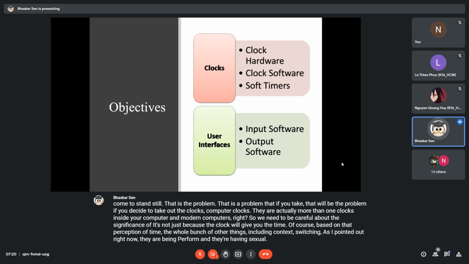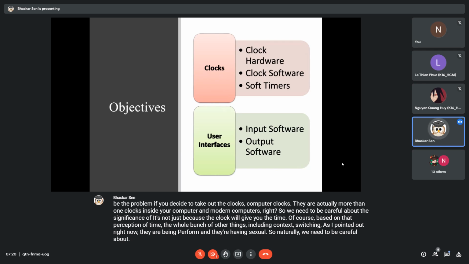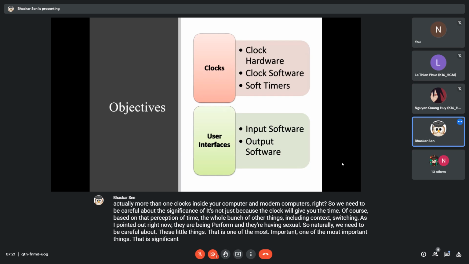So naturally, we need to be careful about these little things. That is one of the most important things. That is the significance of what we call the clock.